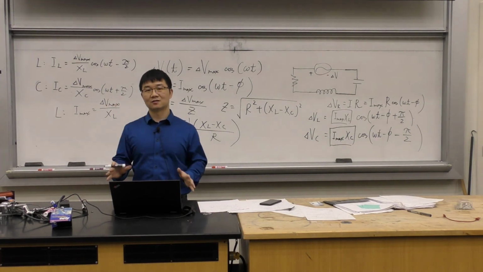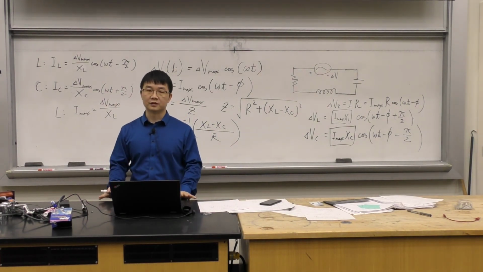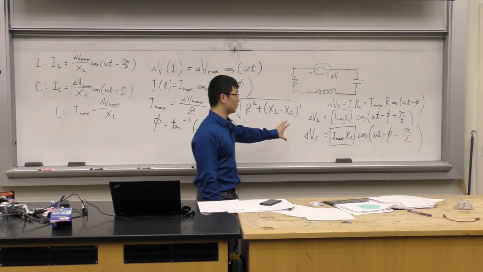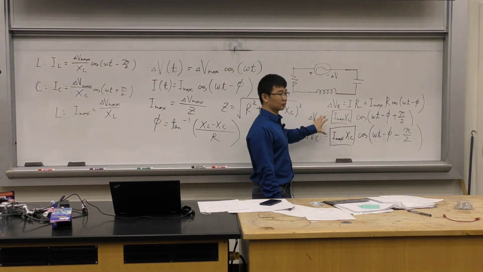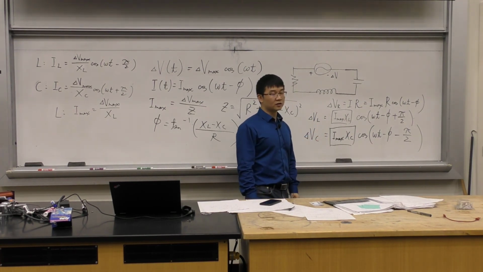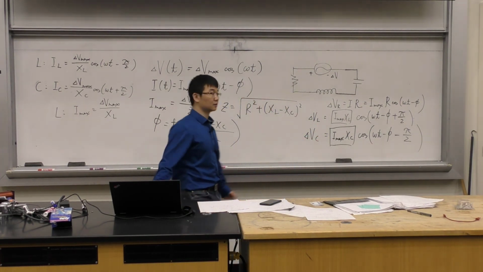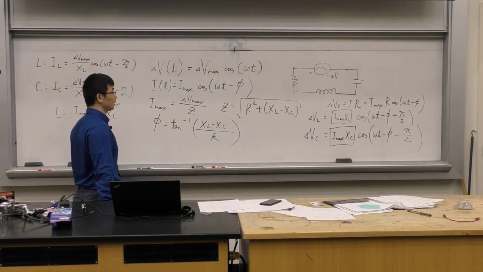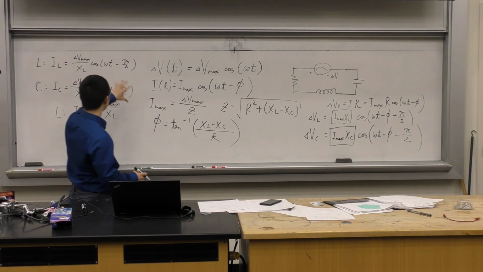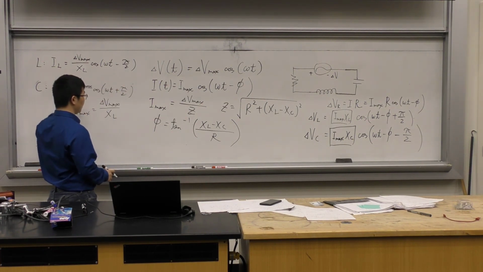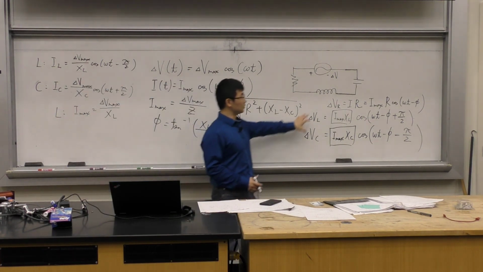If you understand the theory, which is what we do in physics, you don't need to memorize these equations. You use the theory, you can figure them out on a test, right? If you don't understand theory, you always need to remember a lot of things. So that's what we're learning. In the RLC circuit, I want you to use the theory for one L and one C to figure out these three voltages.